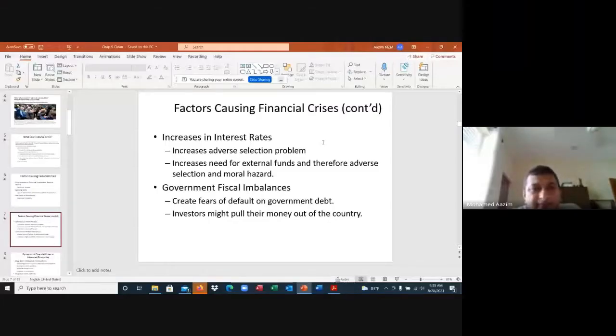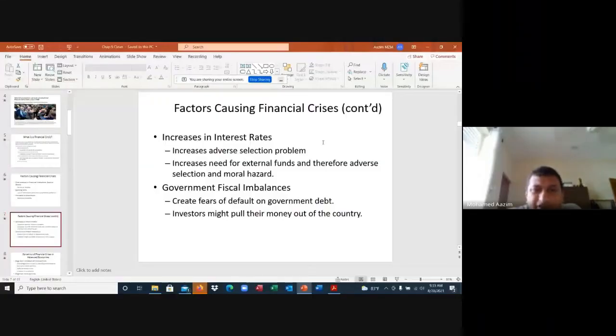Even Greece, why did they default? Because of these developments. Italy, they did not default, but there were a lot of fears. So the investors would pull out their money from these economies because of these problems. These are further magnifying the problems of the financial crisis.